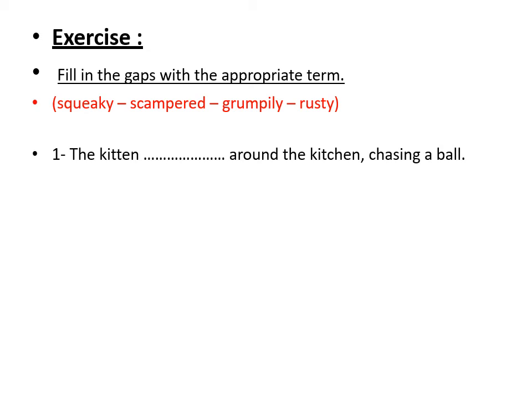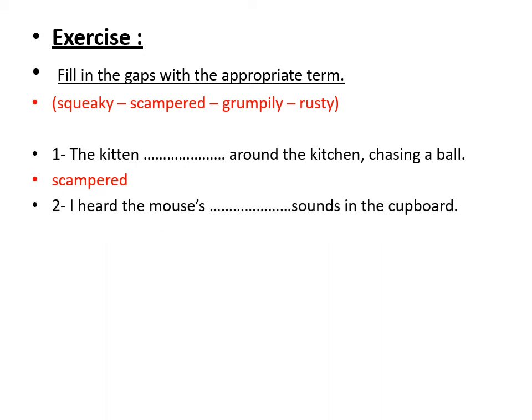It's the only verb available here between brackets. And the kitten is a light animal, so she's doing light things that need light movement. So, what do you think our answer is? Yes, it is scampered. The kitten scampered around the kitchen chasing a ball.